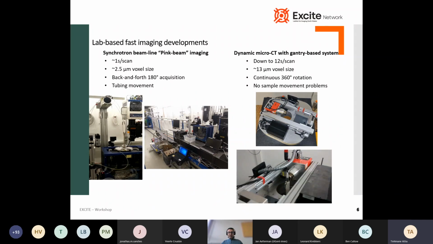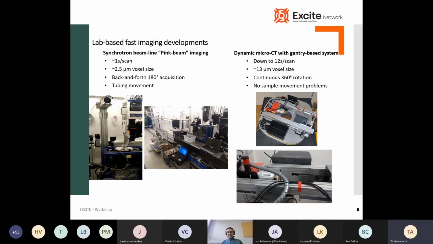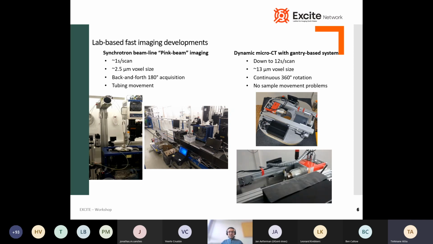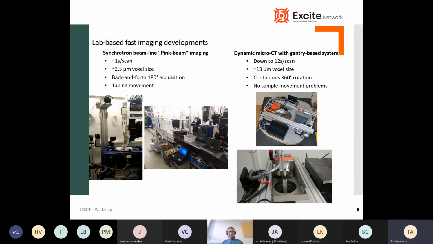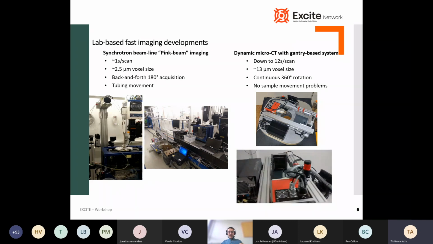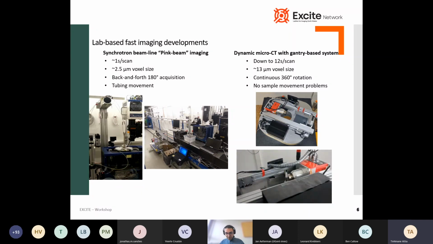The very big advantage here is that instead of turning the sample, which is difficult because flow experiments are quite complex, the source and detector rotate, just like medical CT. This gives us a very high degree of stability during the experiments.